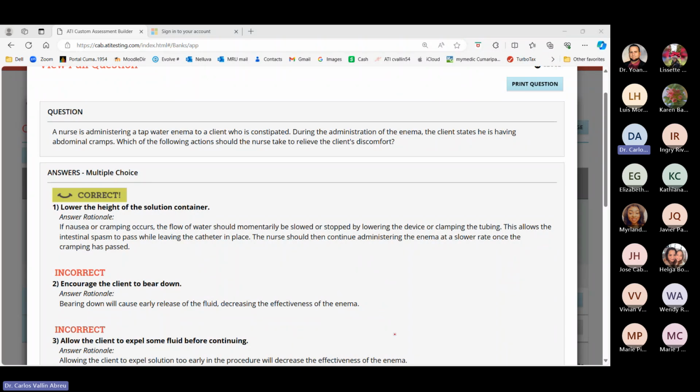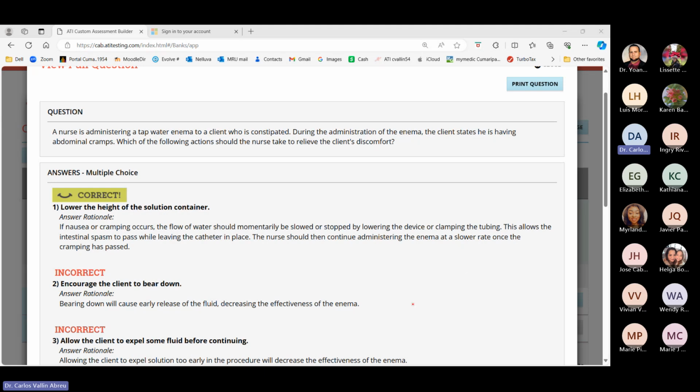If the liquid enters too fast, it distends the intestine too much and then pain appears. So you should have an elevation of no more than 12 to 18 inches, 1.5 feet.